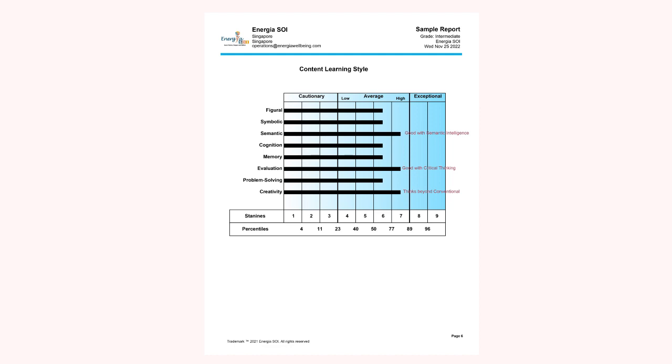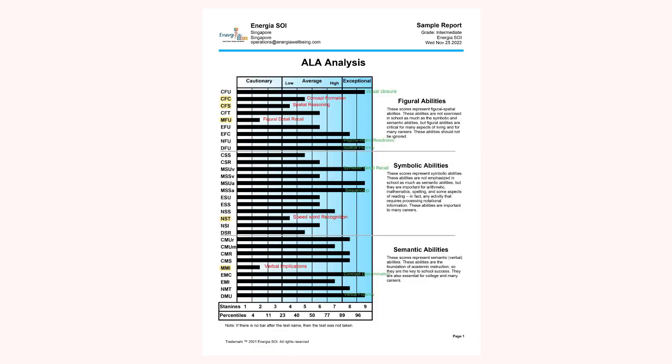So draw this line across here, like I just did. Basically we're separating the information so that we can see figural, symbolic, and semantic.